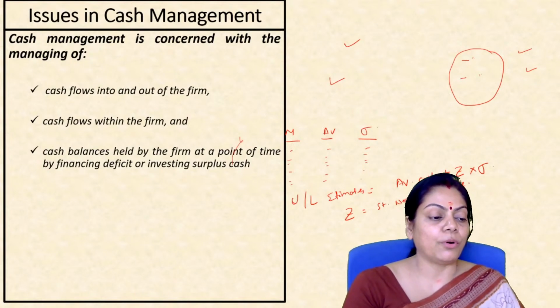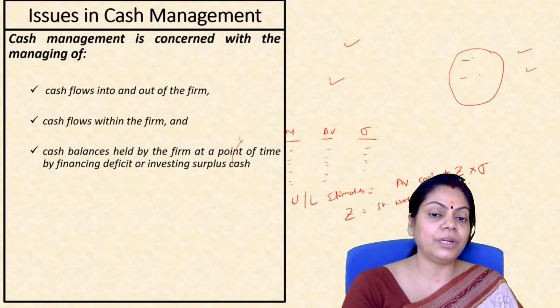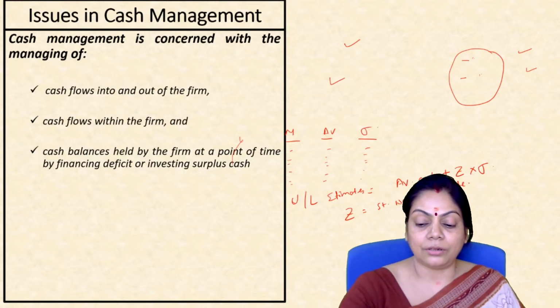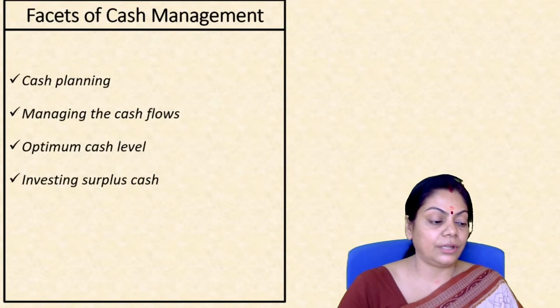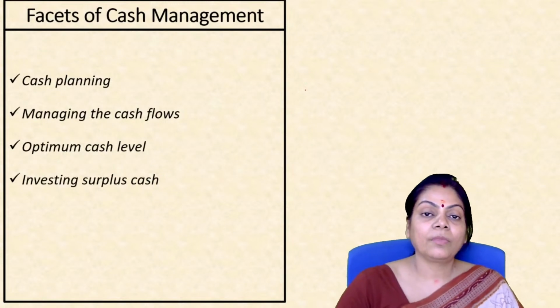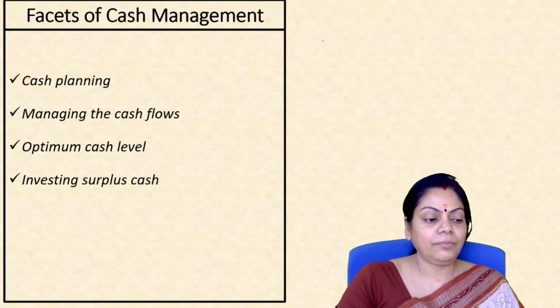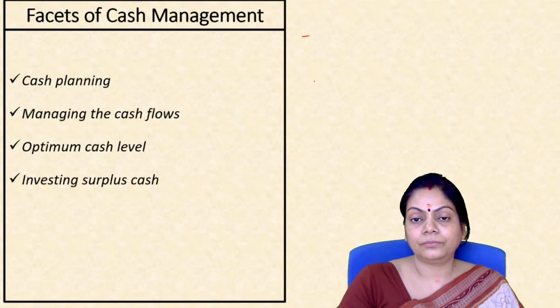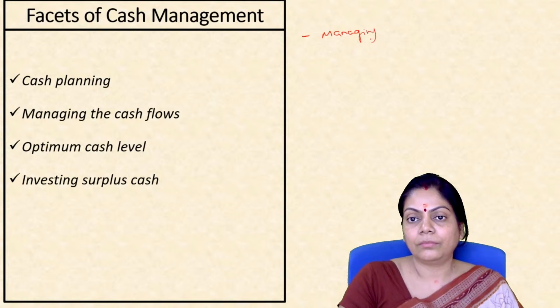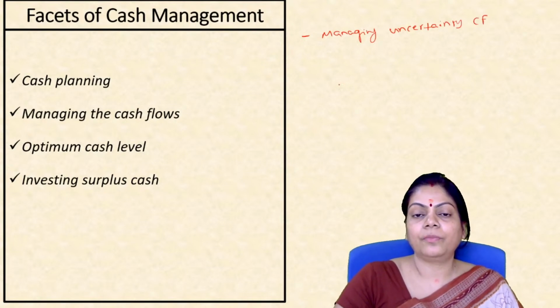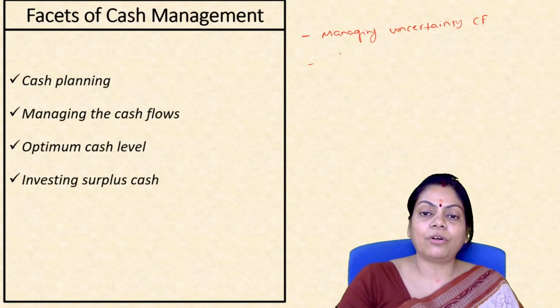The last part, when we talk about cash management, is the various issues in cash management. Number one, managing the uncertainty in cash flow. Then you have managing the surplus cash.